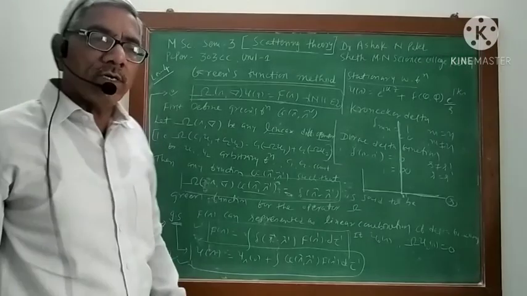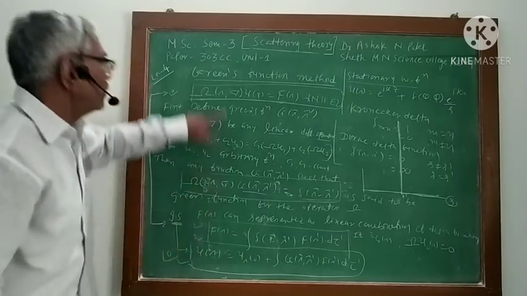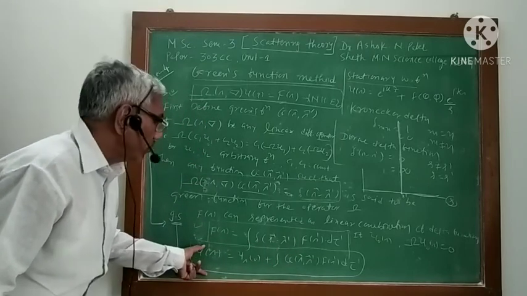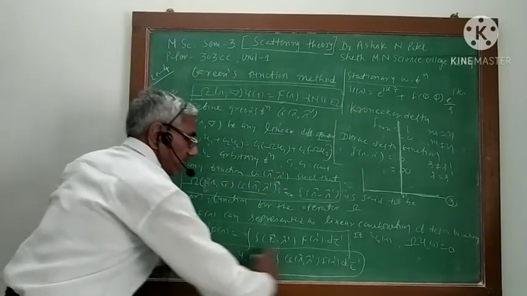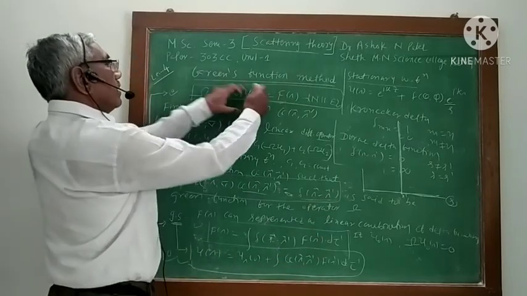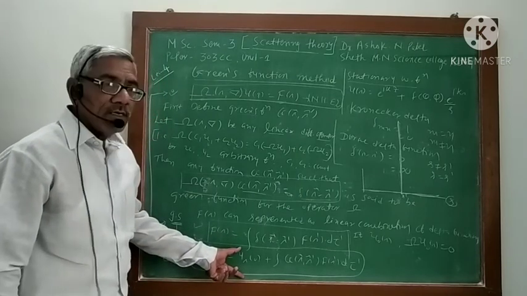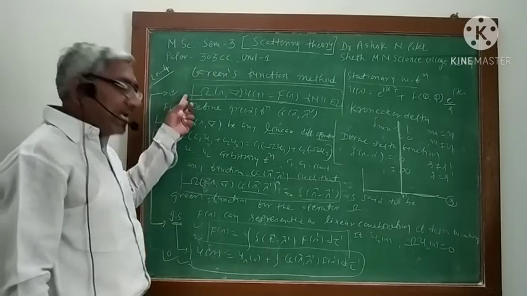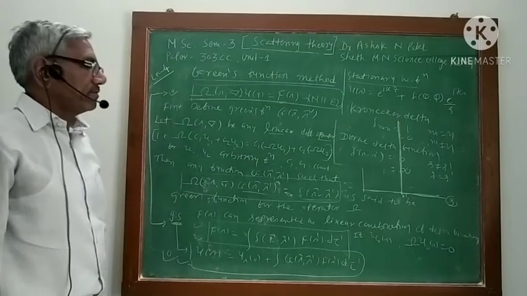But you may have a doubt: how can you write like this? If this is my solution for this general equation, then when I put this solution in this equation, it should satisfy it. In the next lecture I will show you that when I substitute this general solution over here, it satisfies this equation, and that's why this is my acceptable general solution for the non-homogeneous equation.